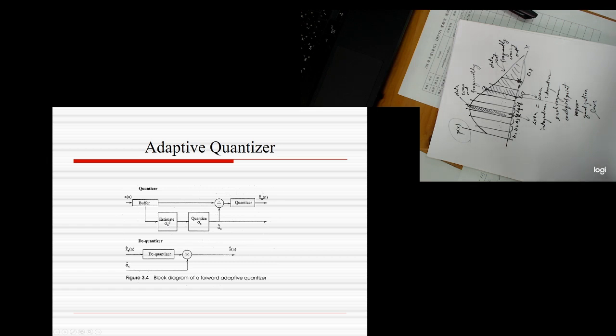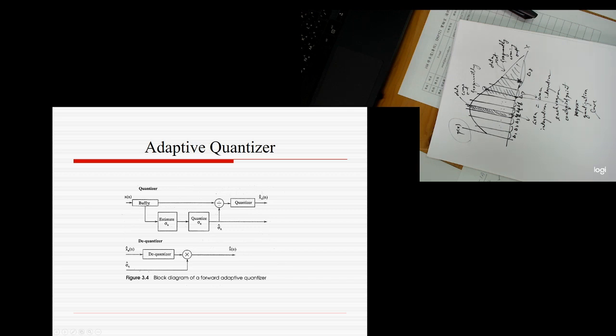So we know your deviation. If you design an encoder and decoder, they have to be synchronized, because if you change your quantization level with some adaptive mechanism, you have to inform your decoder how to do the adaptation.